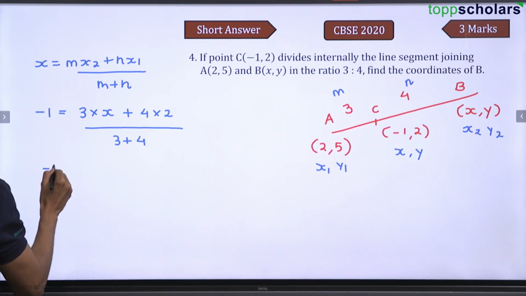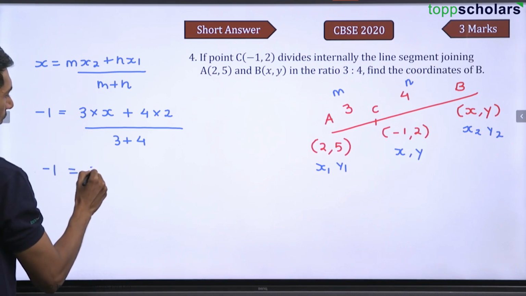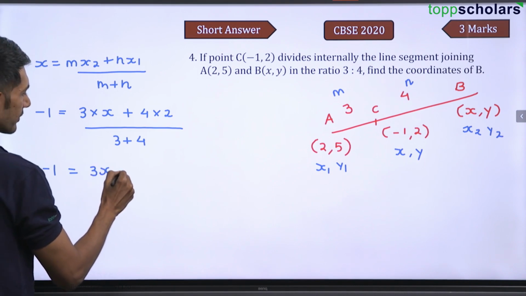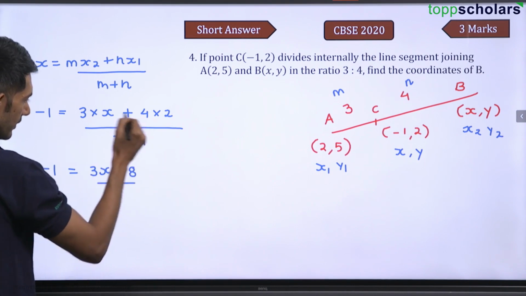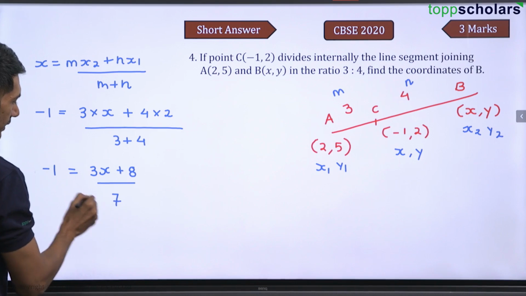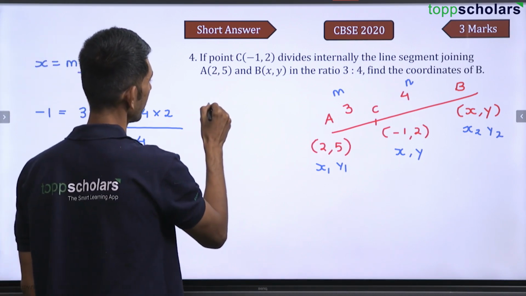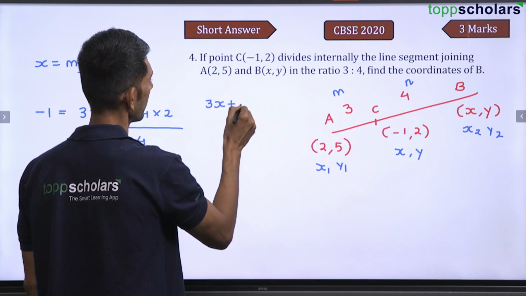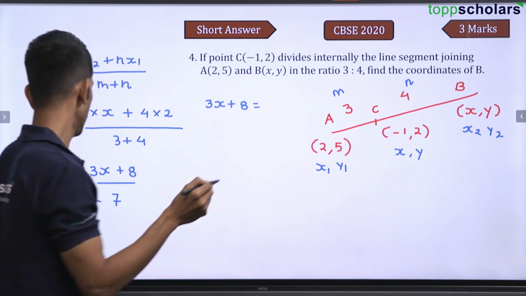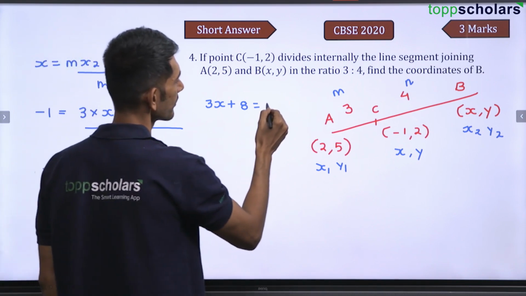So that gives you -1 is equal to (3x plus 8) by 7. 7 goes here, so you get 3x plus 8 is equal to -7.